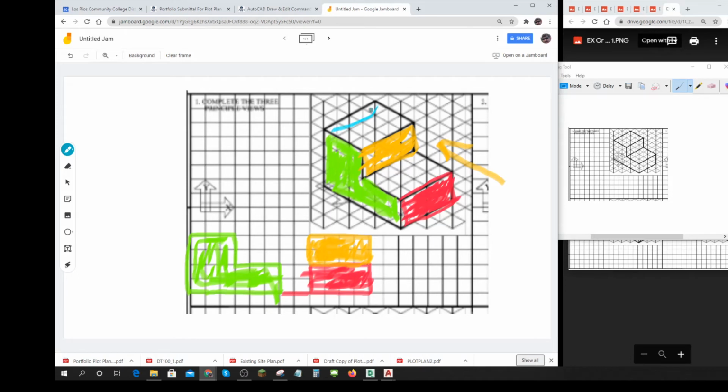And if I was looking down on top of it, I would see it over here, and the edges kind of have to line up. So I'll come up here. 1, 2, 3, 4 over 3. That's what it would look like, looking down at it from the top. I'm standing on top of it, looking straight down.